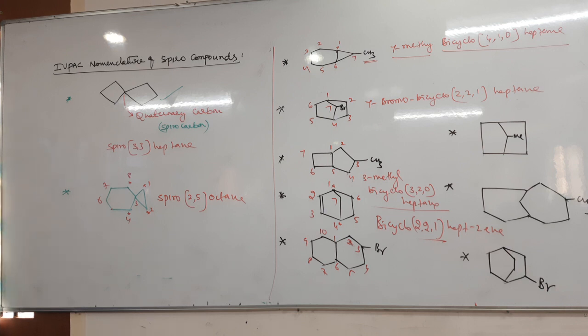Then the number of bridged carbons should be written in square brackets. How is it, ascending or descending?